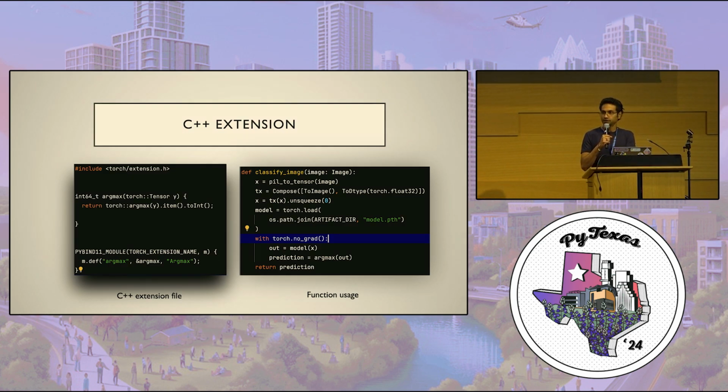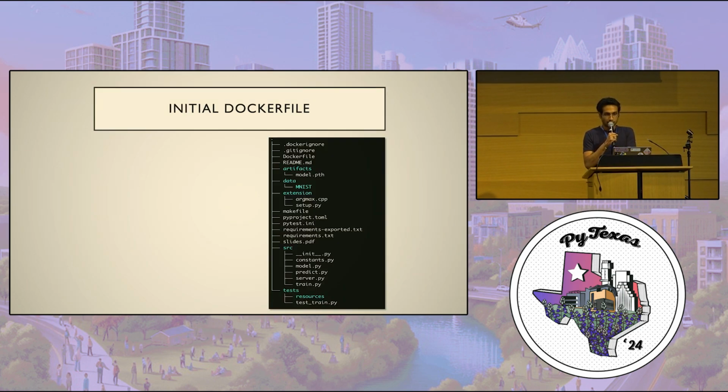So let's get started with building our first Dockerfile. The full directory structure looks like this. We have a .dockerignore file, which is similar to .gitignore, and it's very important so that you don't copy unwanted dependencies, files, or caches. You have the Dockerfile, the artifacts, which is our model, and the extension directory, where I store the argmax C++ file, and then the setup.py to build that extension.